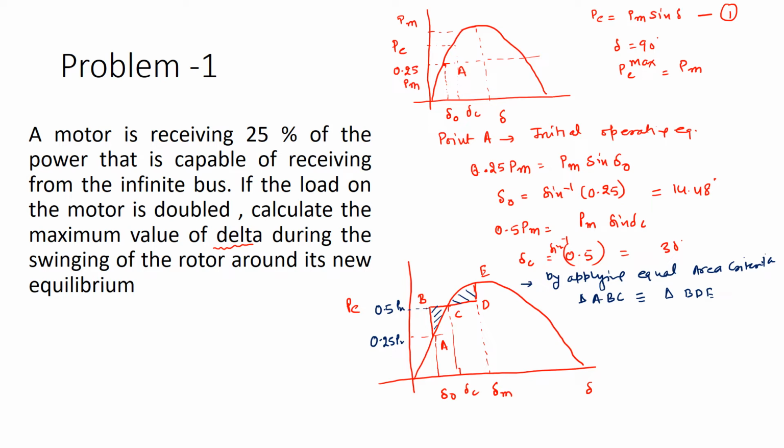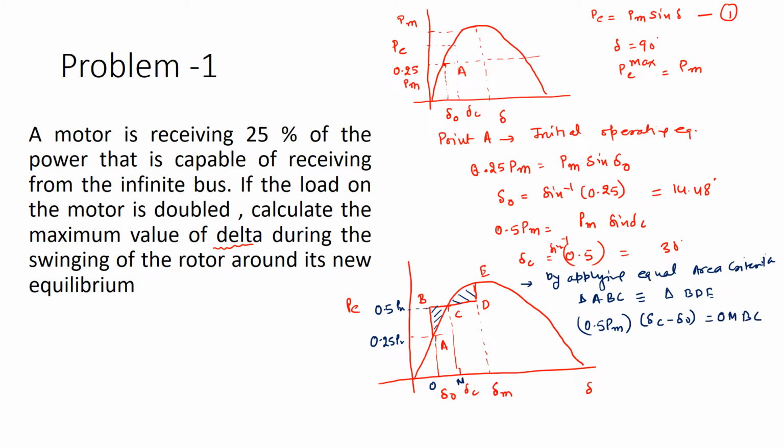So I can easily write the expression for this: it will be equal to 0.5 Pm into delta C minus delta naught. This is the area of this rectangle, OMBC.